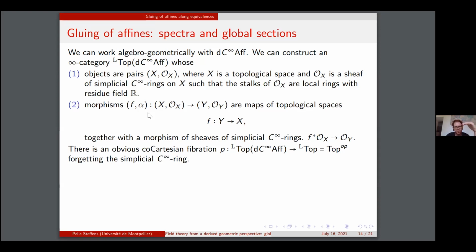So a map is the usual thing: a map from X, O_X to Y, O_Y is a map on topological spaces from Y to X, together with a morphism from the pushforward. From this definition of morphisms, it's easy to see that this is a Grothendieck fibration, or a co-Cartesian fibration, over the opposite category of topological spaces.